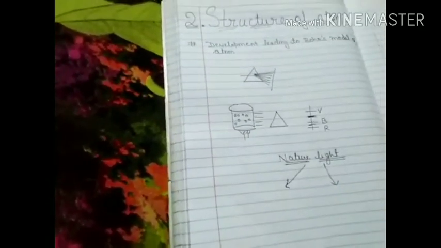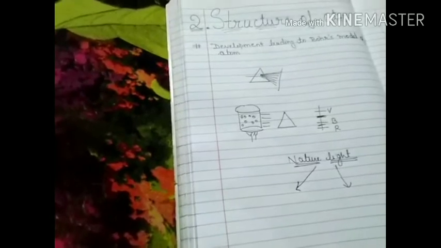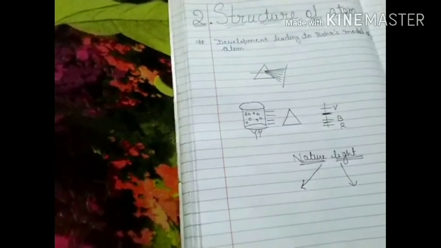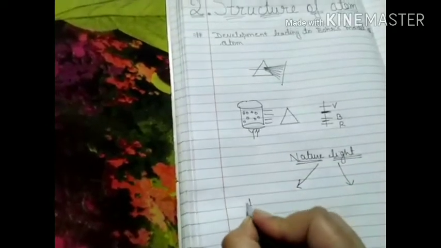In order to understand the nature of light, the first attempt was made by James Clerk Maxwell.